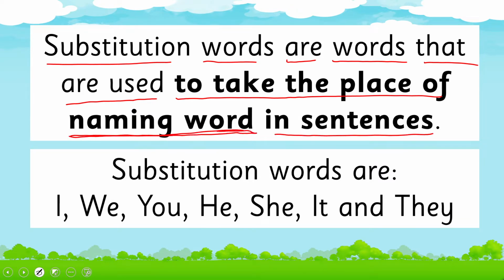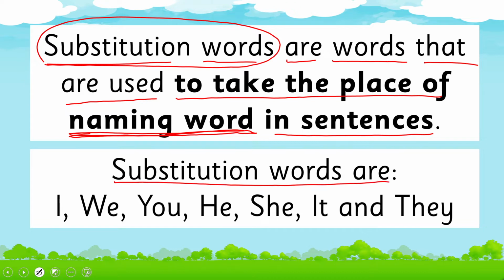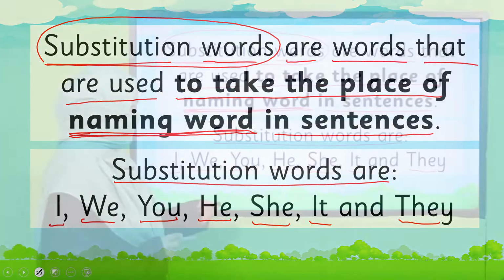Instead of writing naming words, we use substitution words. And what substitution words are? I, we, you, he, she, it, and they. These are substitution words. Okay?